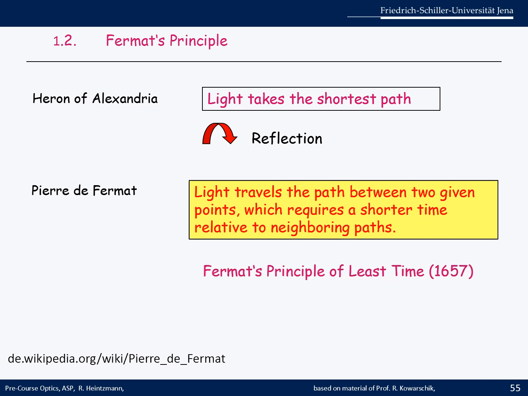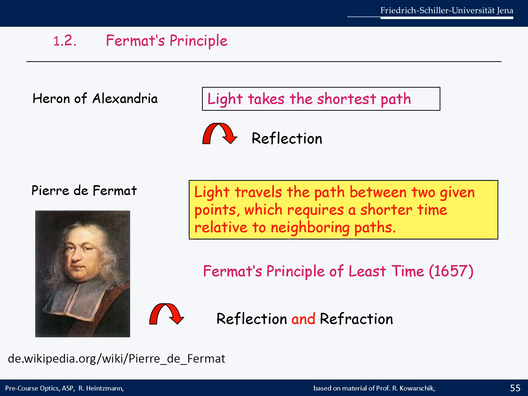So let's look at this a little bit more in detail, and how we can use it to explain optical phenomena. It can actually explain reflection and refraction at the same time, given that light travels slower in an optically dense medium. This is a picture of Pierre de Fermat.